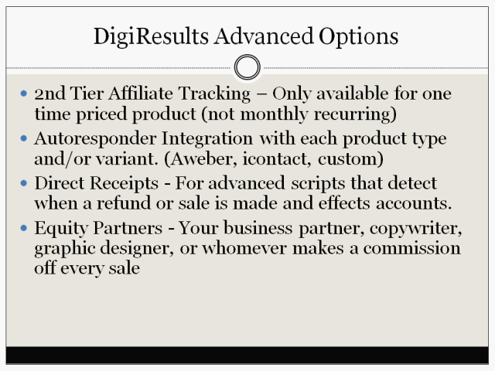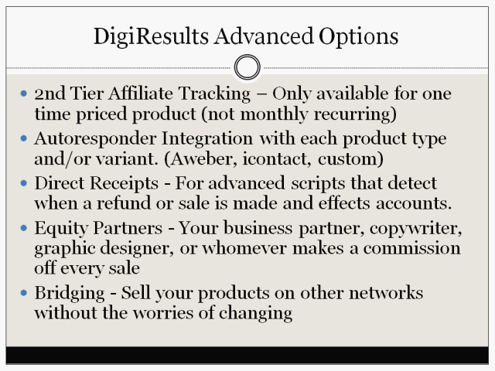Of that $10, if your equity partner, your business partner, gets 50% and you get 50%, then DigiResults is going to pay the affiliate, and what's left over is $10. Your business partner is going to get 50%, which is $5, and you're going to get the $5. The beauty of all of this is it's all automated and instant.